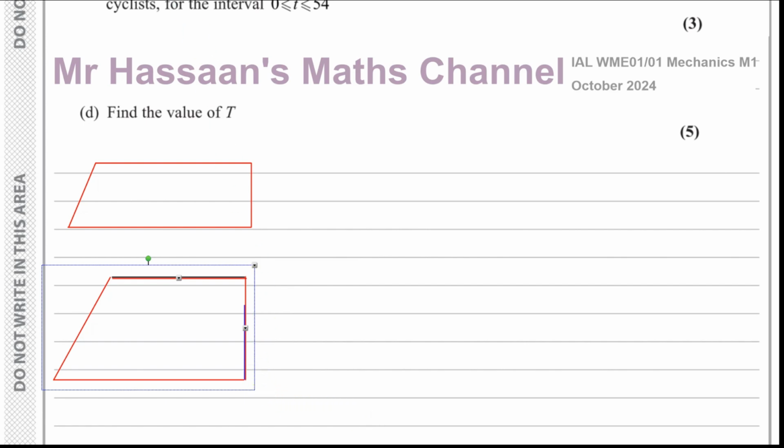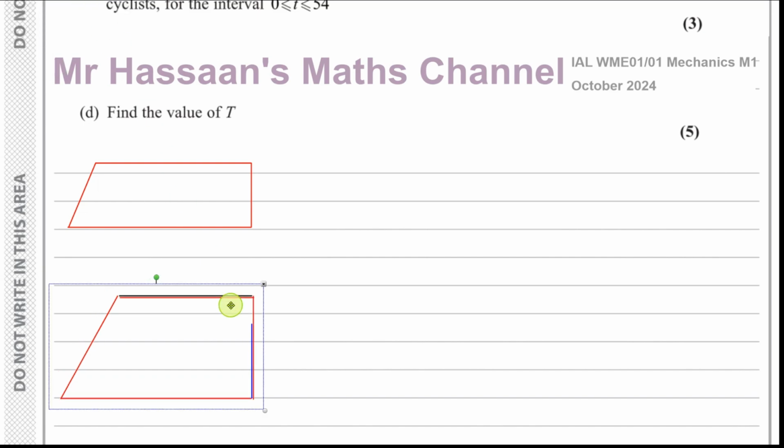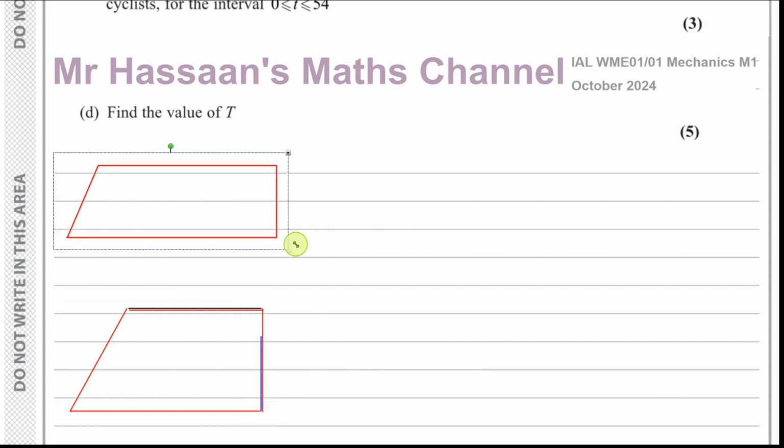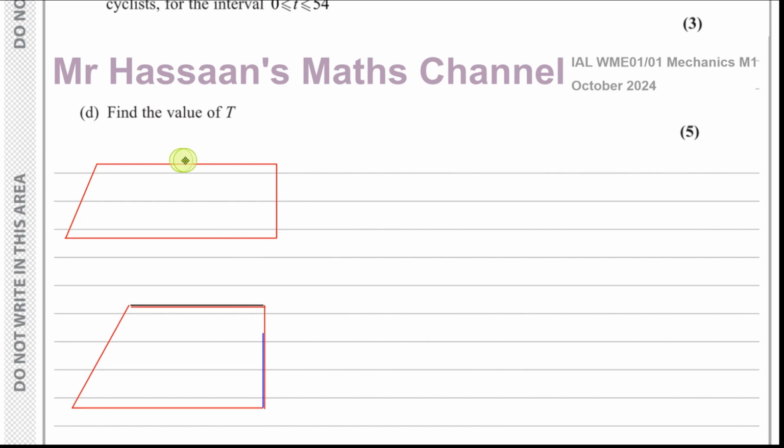We now know that one of them represents P, the other one represents Q. So this one represents P here. This is the journey of P, and this is the journey of Q. And I know that they both have the same area. So the area, the distance they traveled, is the same.